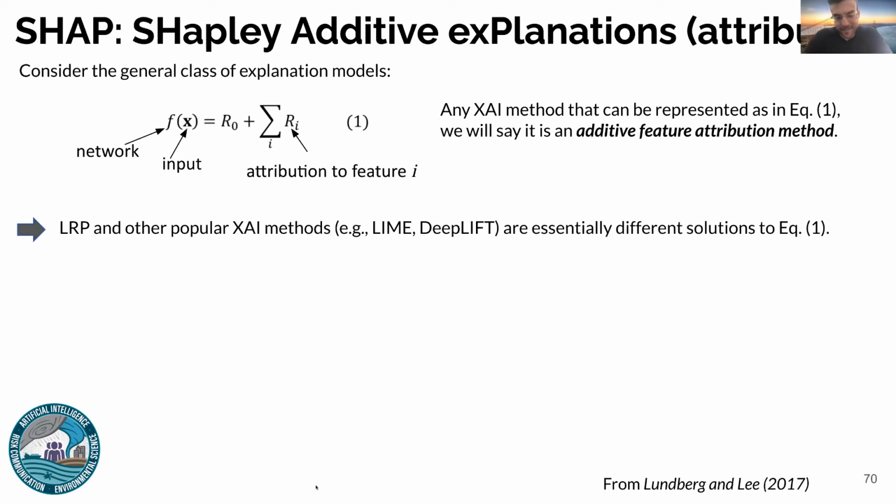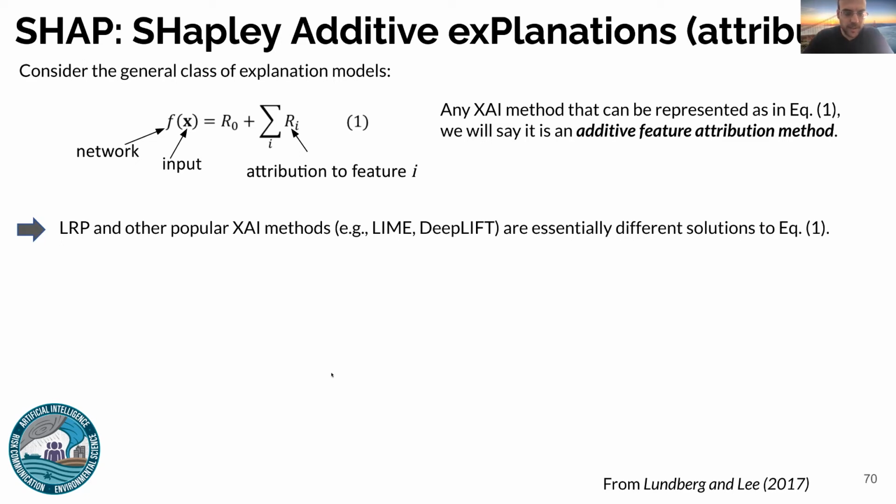Okay, great. The last attribution method for today is the method SHAP, or Shapley additive explanations. In order to understand this method, first let's start by considering equation 1 and this general class of explanation models that satisfy equation 1.